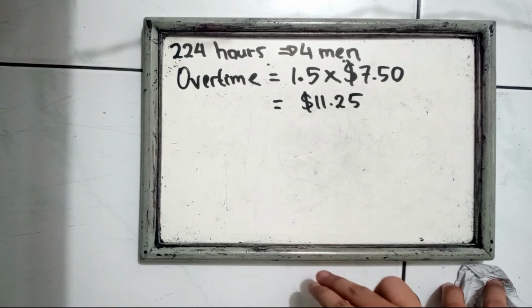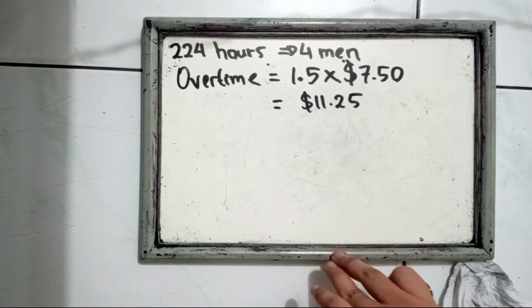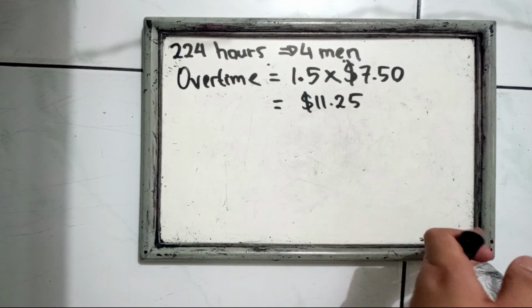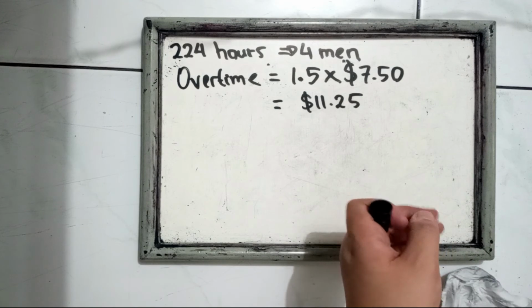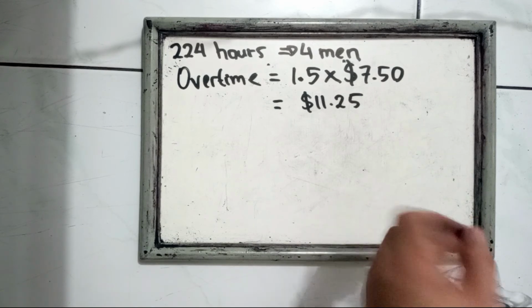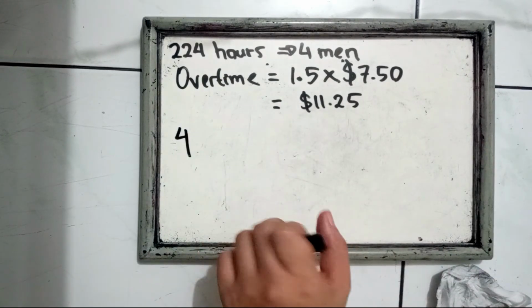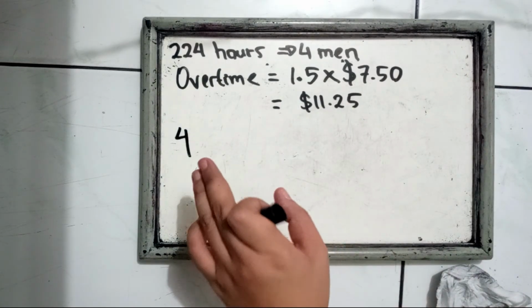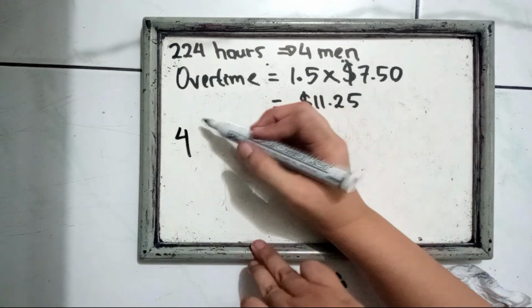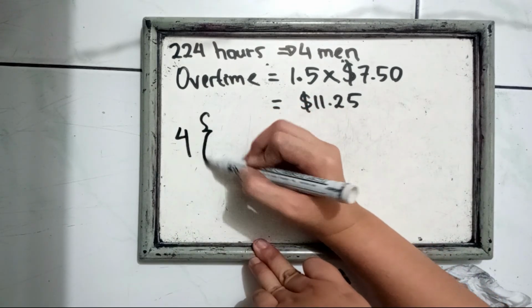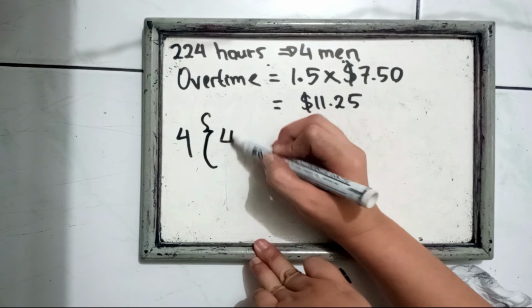So let's find the total amount of money that they will get in 4 days for the 4 workers. It will be equal to 4 days times 4 workers.